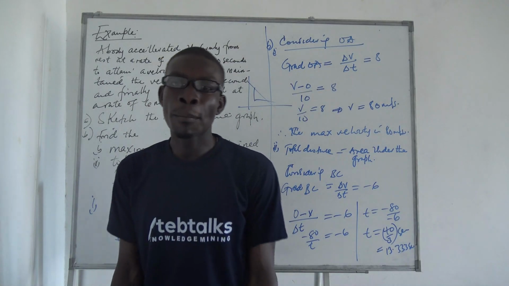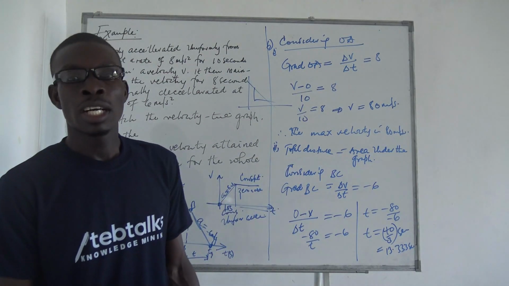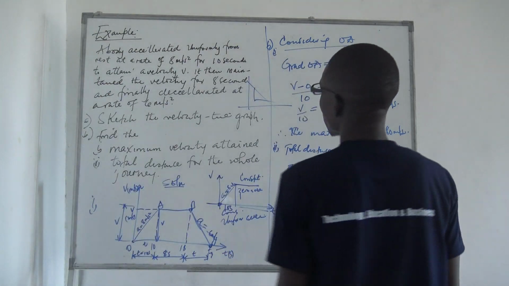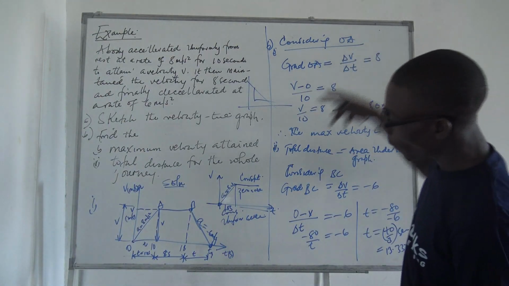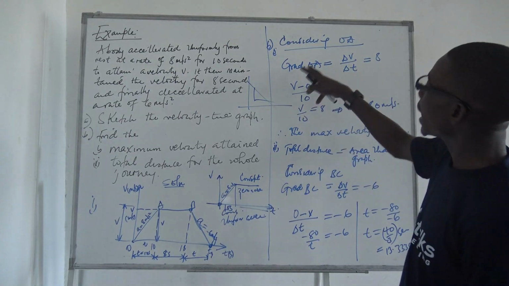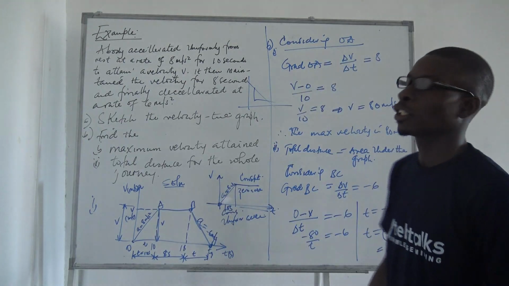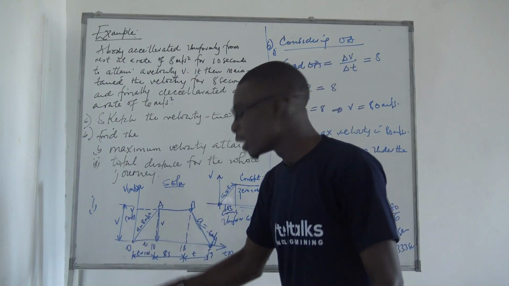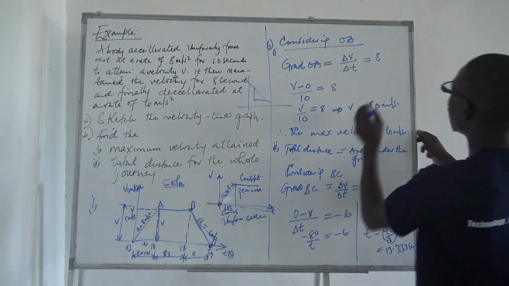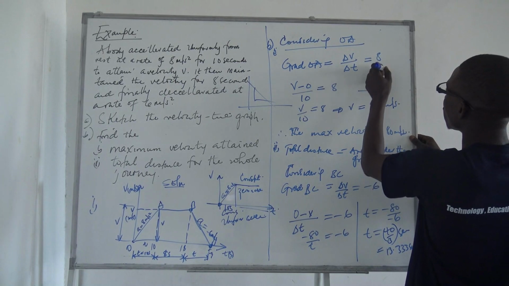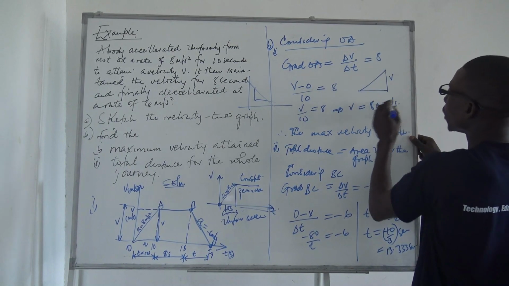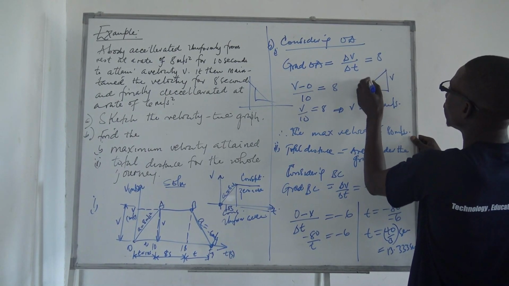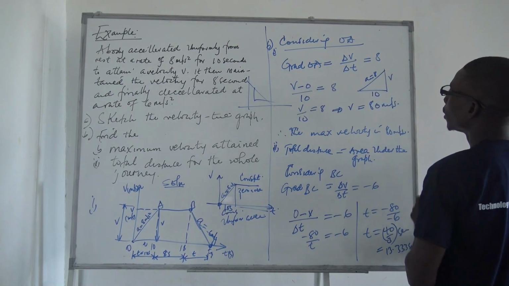If they tell you to find the maximum velocity attained, you can now say, considering part OA, the gradient of OA is acceleration. It is the same as change in Y over change in X. So you can guide yourself using this. This is V, this is 10, and this is the 8.